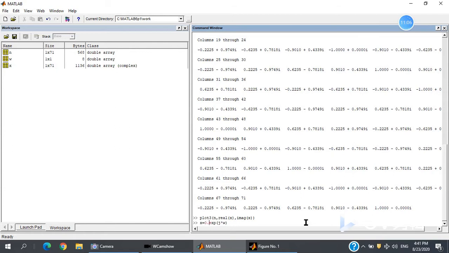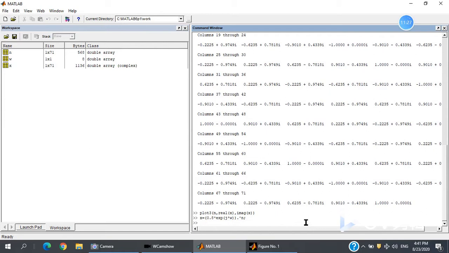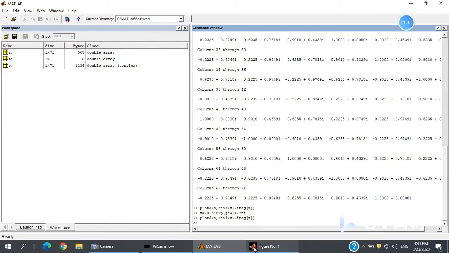Suppose rho is 0.8, times rho to the n times this exponential power of j omega n. I use this as x. Then if I plot it in 3D, what can we have?